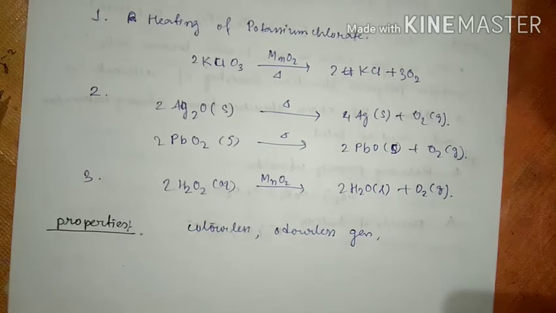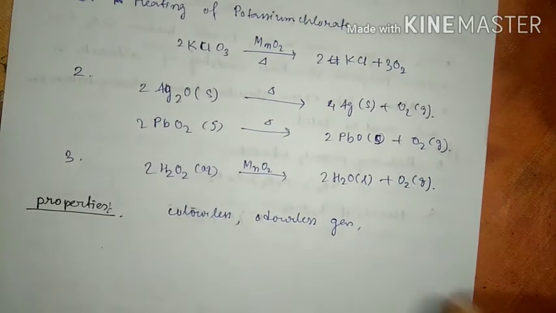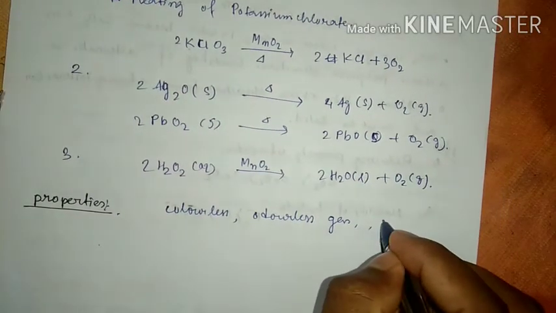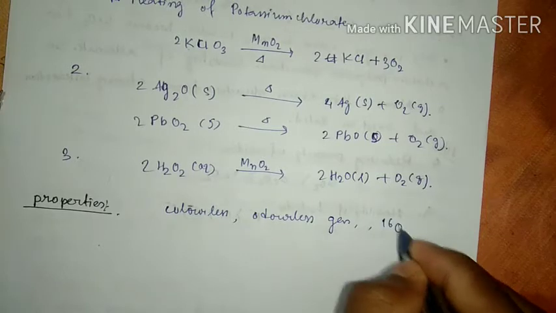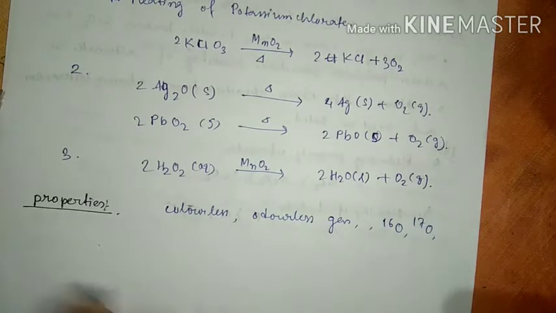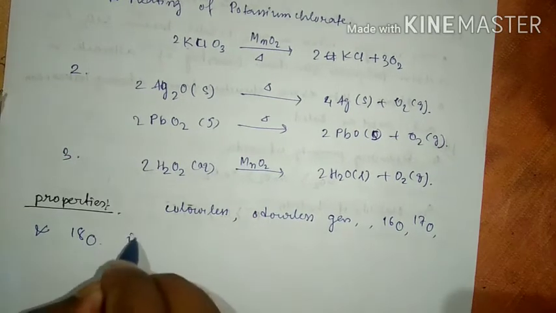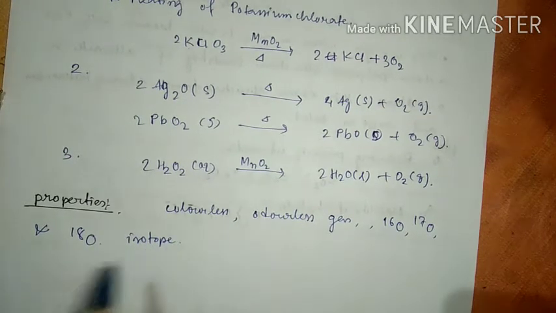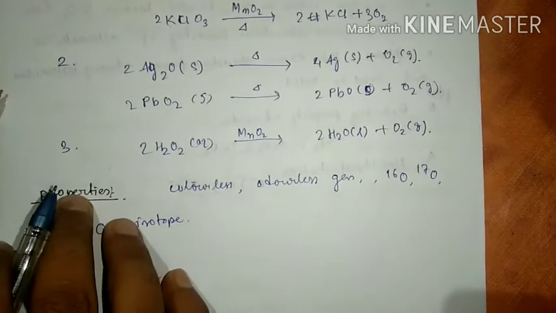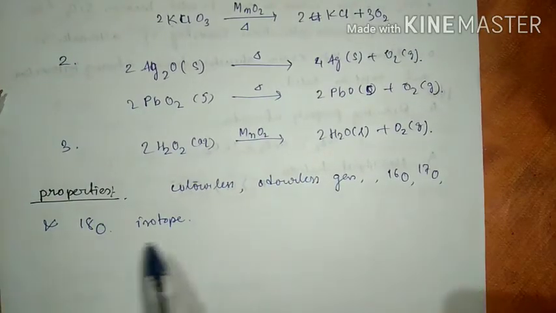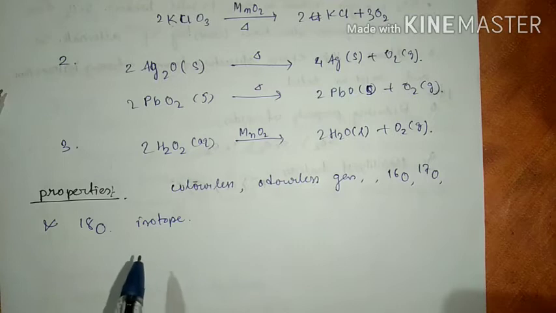It has 3 isotopes. The first isotope is 16 oxygen, then 17 oxygen, and 18 oxygen. Now what do you mean by isotope? Isotope means their atomic number is the same but the mass number is different.